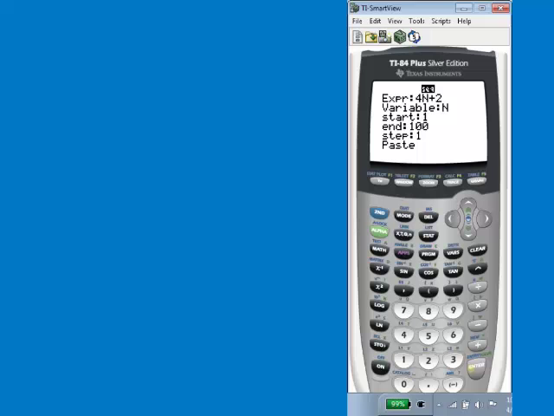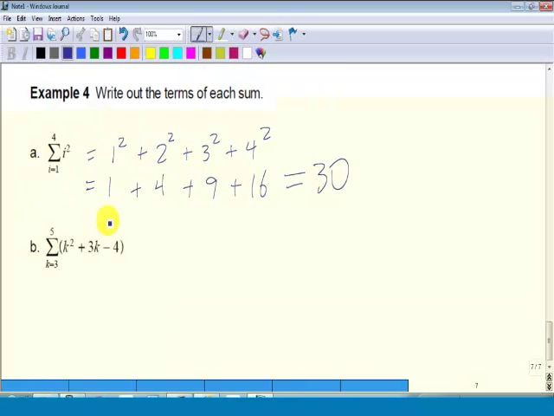Now's where it gets strange, because on the TI-83 Plus, what you'll see on your screen is sum, sequence, and it'll look just like that.